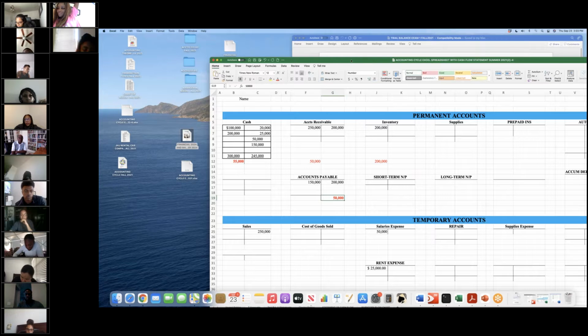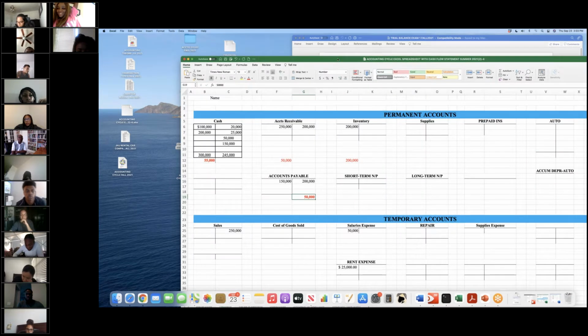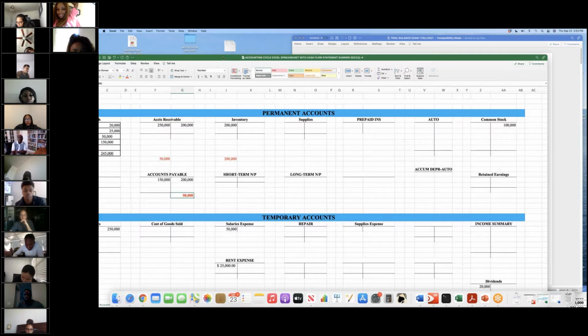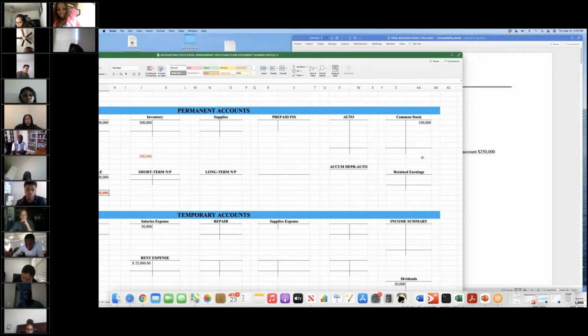I had a question. When we make our trial balance and take the amount from each account, let's say cash, for instance, and I got a credit amount for the difference, would I credit cash on the trial balance even though it says debit on the chart of accounts? Correct.